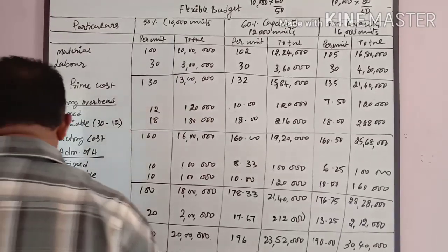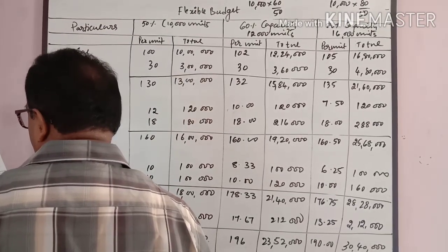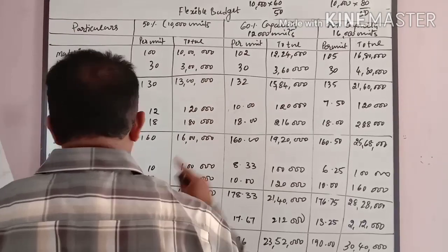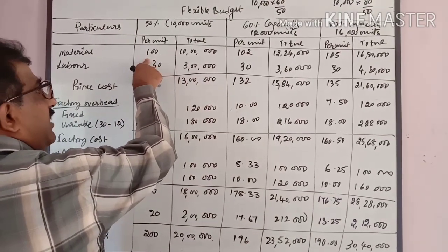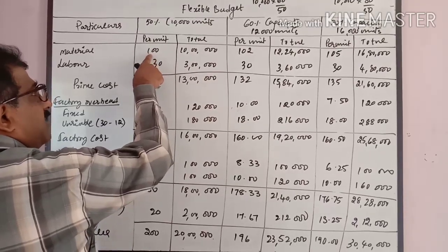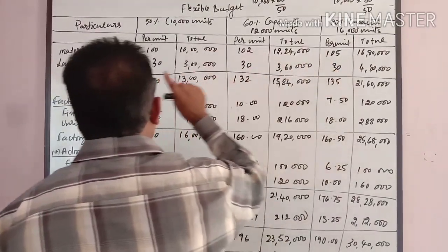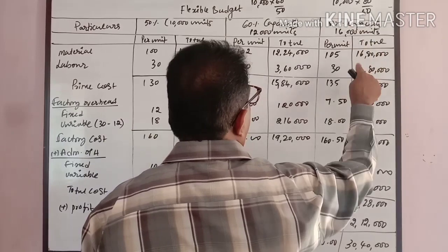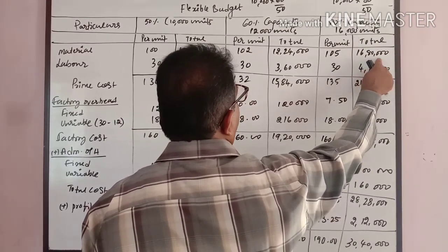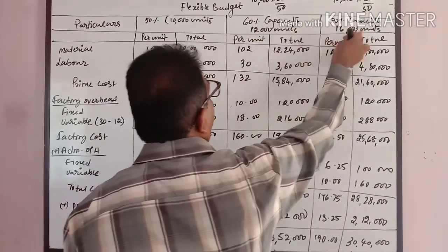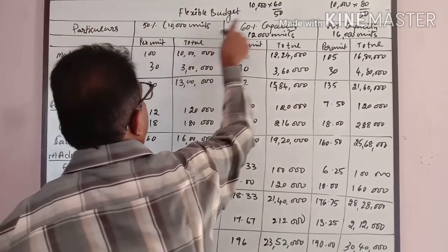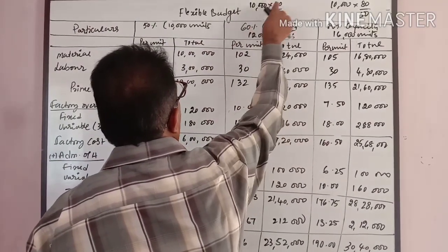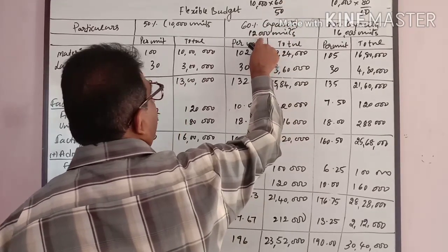At the 80% capacity, material cost per unit increases by 5%. Always we have to take 50% as the base. 100 plus 5%, 105. 105 into 16,000 units, 16,80,000. How did I calculate these two? 10,000 units at 50% capacity. So I calculated 10,000 into 60 by 50 comes to 12,000 units.